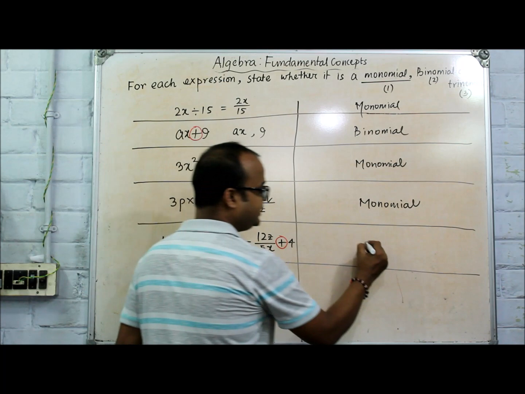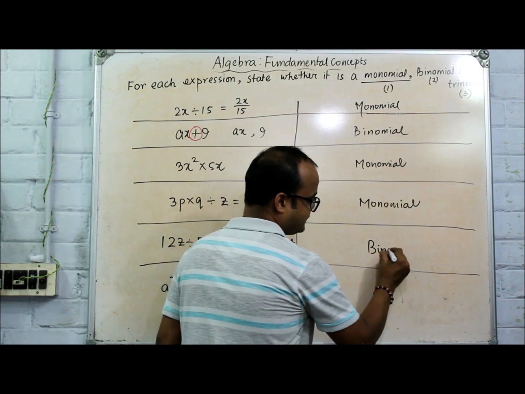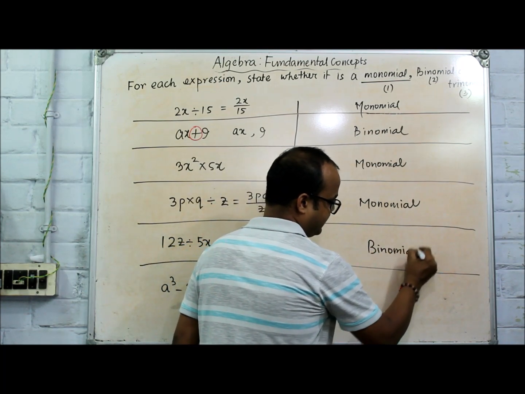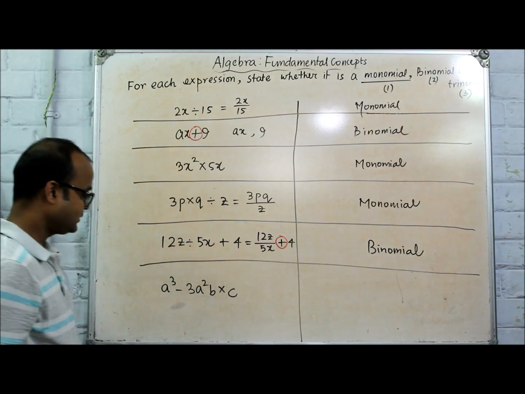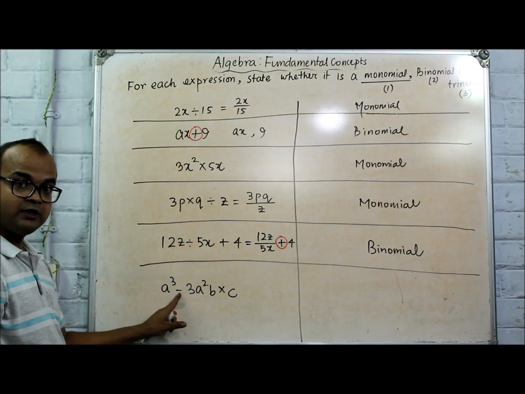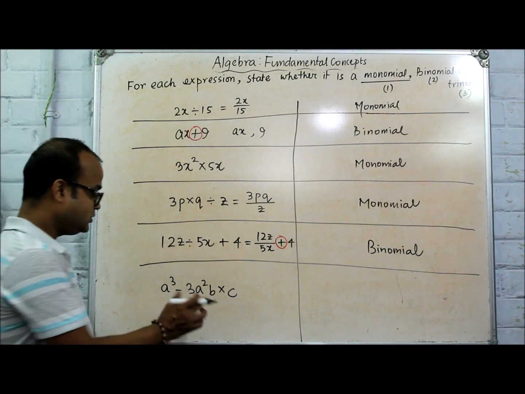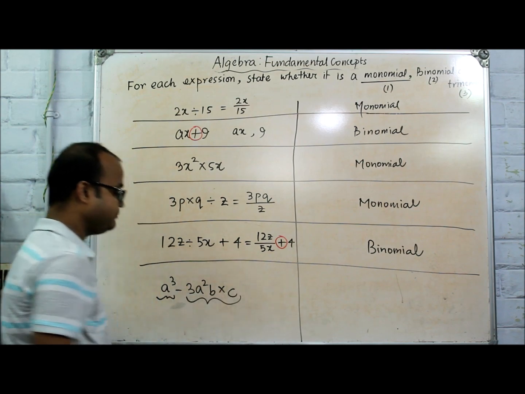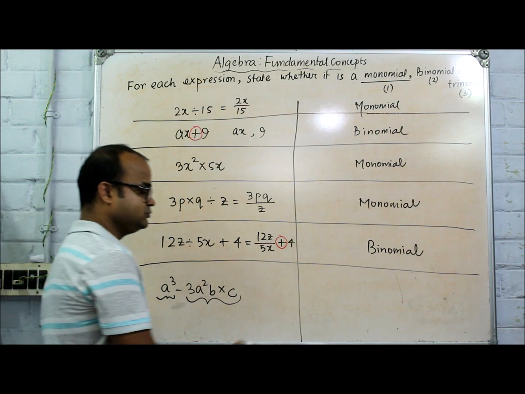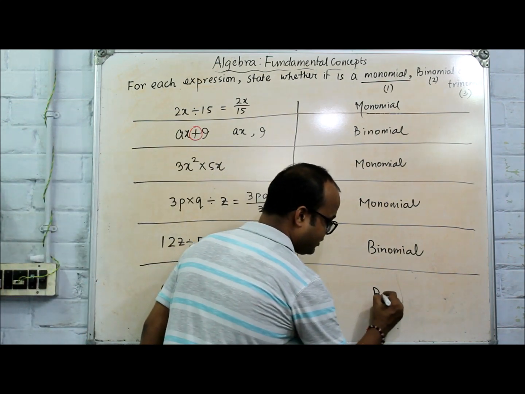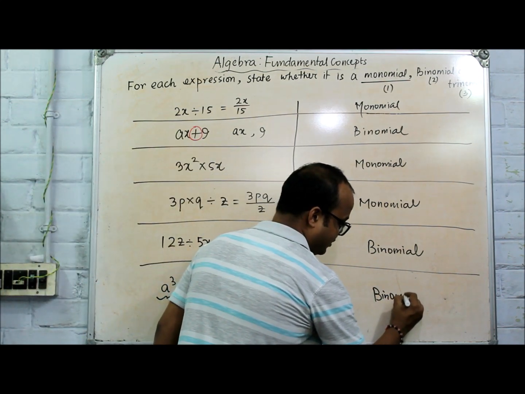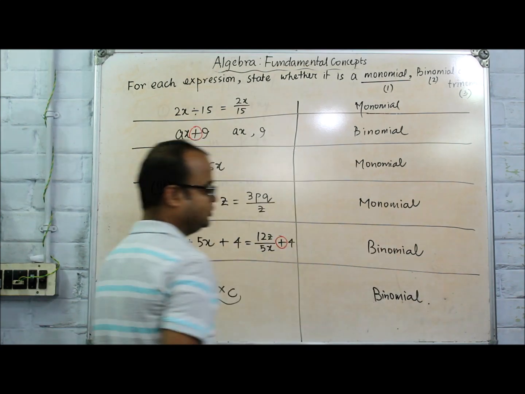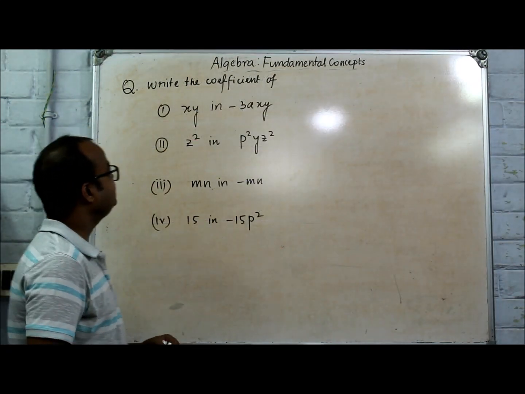So two terms means it is a binomial. There is only one negative sign. So a cube is one term, 3a square b into c is another term. So it is an example of binomial.